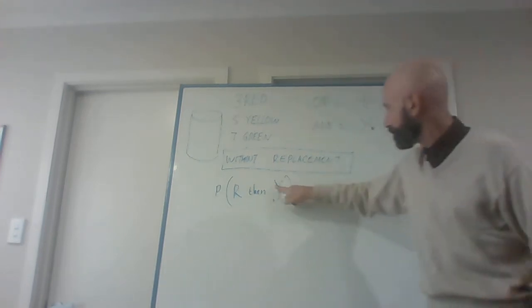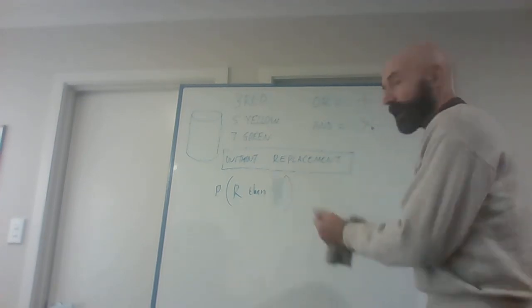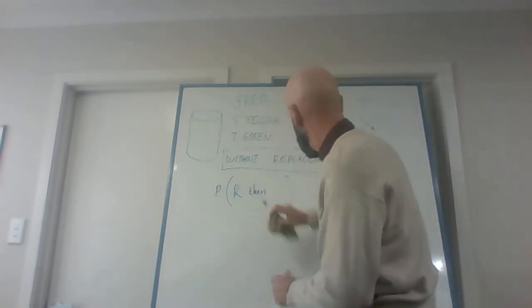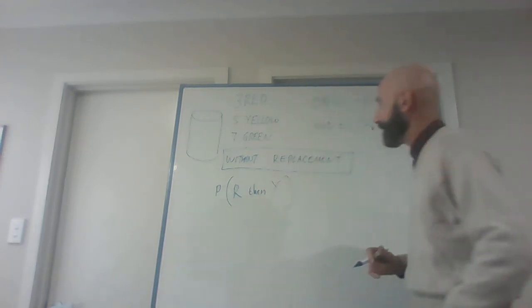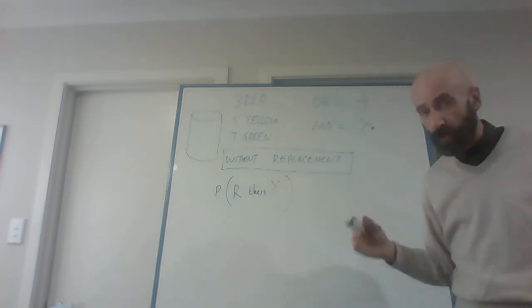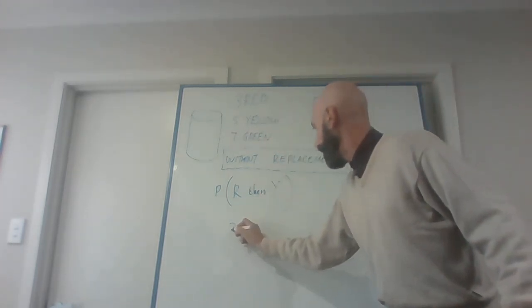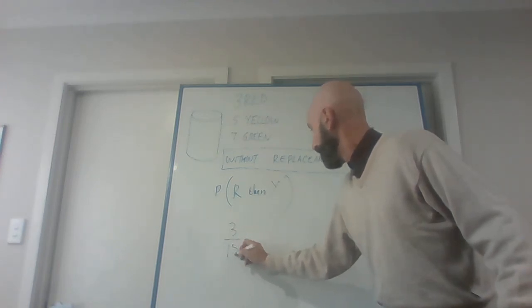Right. That's a bit of a mess, I apologise guys. As I said, these are very far from ideal circumstances. Red, then yellow, that's a bit neater. Okay, pulled out a red one. What's the probability of getting a red? 3. How many do I have? 15.